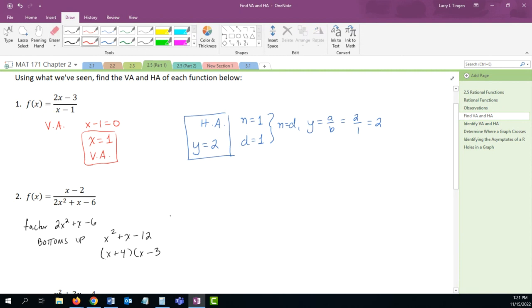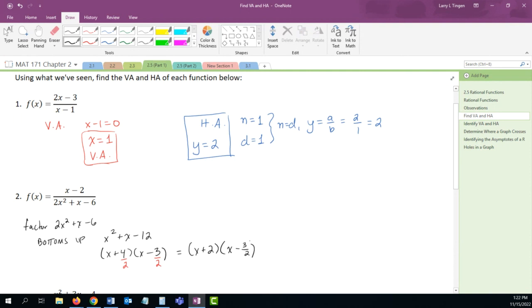So I come back with my A. That goes in the denominators. So I end up with x plus 4 divided by 2, which is x plus 2. And then x minus 3 over 2, I still think we should just leave it as x minus 3 over 2.